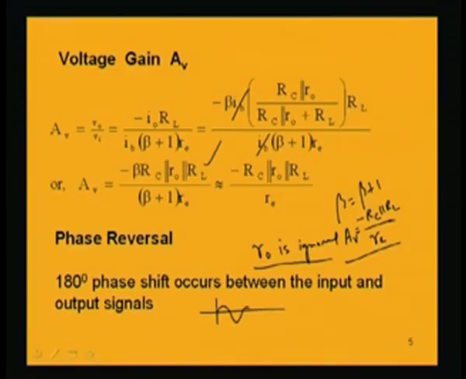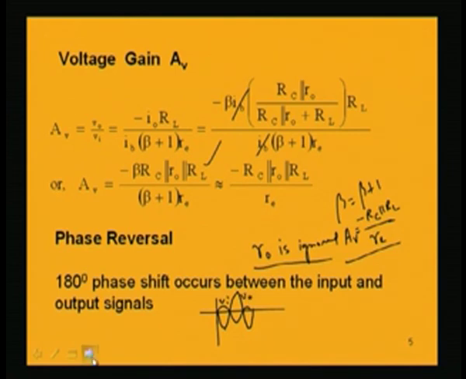A 180 degree phase shift occurs between the input and output signals, which is why V naught by Vi has a minus. If I have an input voltage like this, I will get an output voltage which is amplified, no doubt, but out of phase by 180 degrees, like this. That phase difference is denoted by this minus sign.